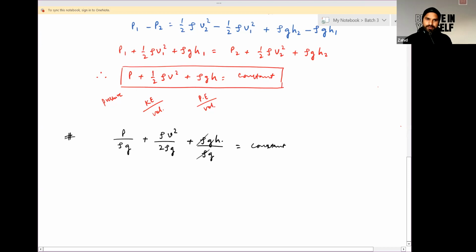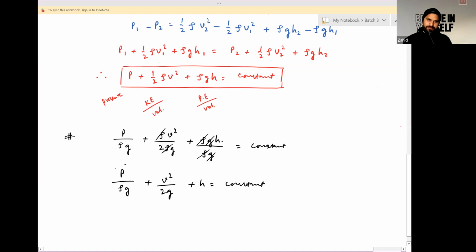Rho times g will cancel out. So you're left with P divided by rho g plus velocity square divided by 2 times g plus h equals constant.